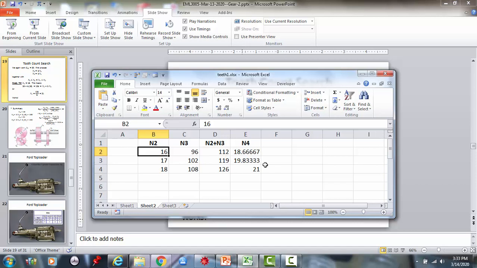I just created a spreadsheet and said, okay, N3 is going to be 6 times N2. I sum those two up, and then I take the sum and divide by 6, and I just took this line, copied, pasted, incremented, and found that 21. So that's how I did that.